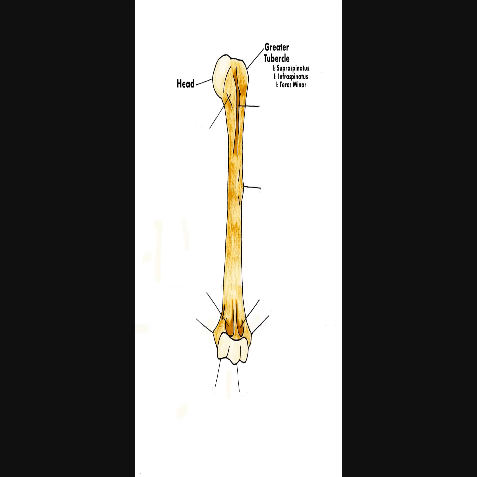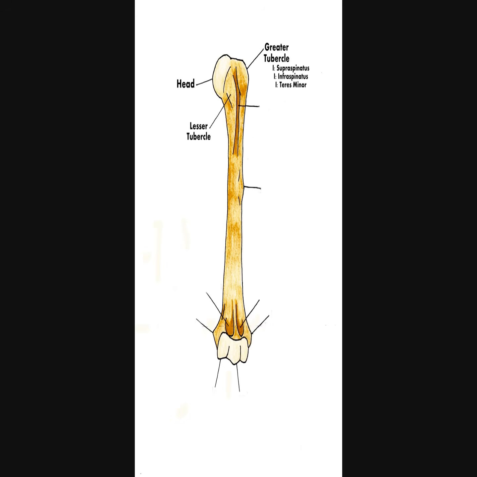Okay, so if we have a greater tubercle, we have to have something that opposes it, right? So just medial to that is going to be the lesser tubercle. The lesser tubercle has one muscle that inserts onto it.